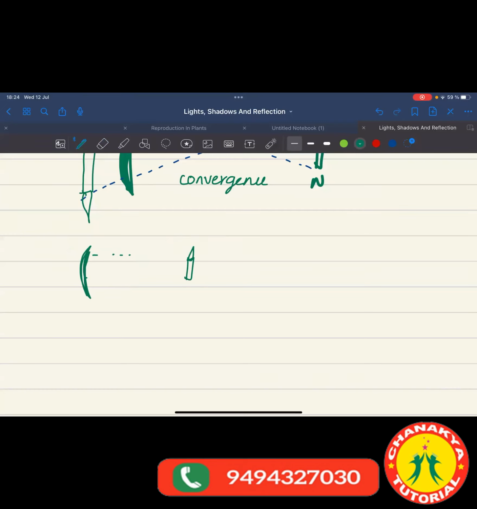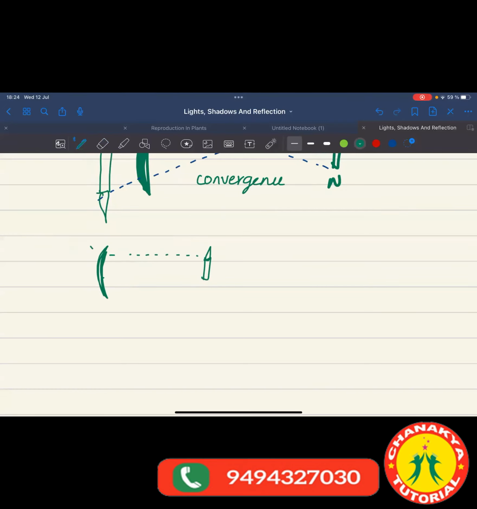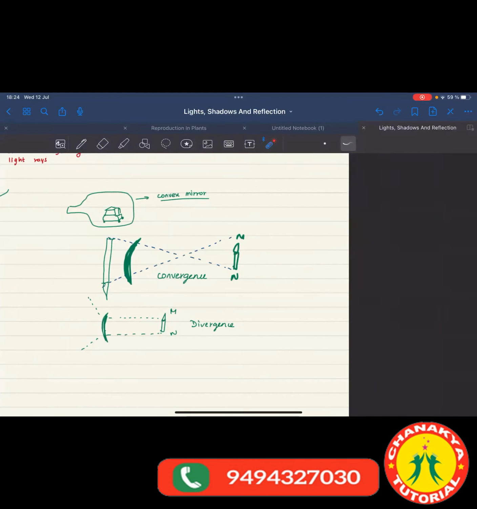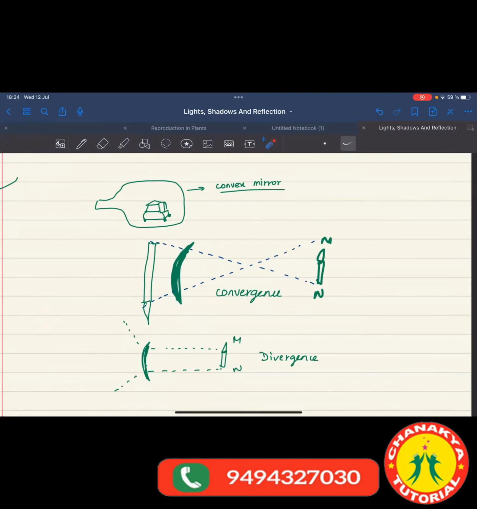If the light is being reflected and it is moving away, it is not forming behind the mirror. This is called divergence. It's not converging, it's diverging away, moving in two different directions. This is the property of convergence and divergence of mirrors.